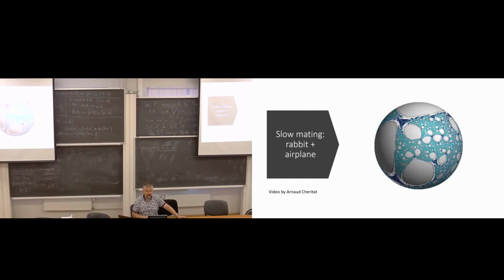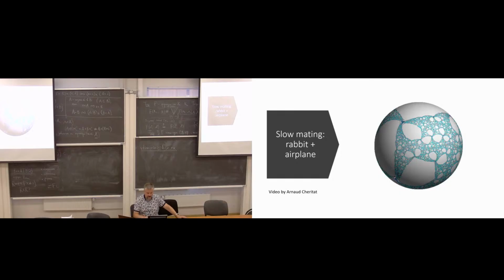Anyway, so you made a dendrite. Here you made a dendrite with the airplane, and what you see as a result, well, still, this is some rational function.